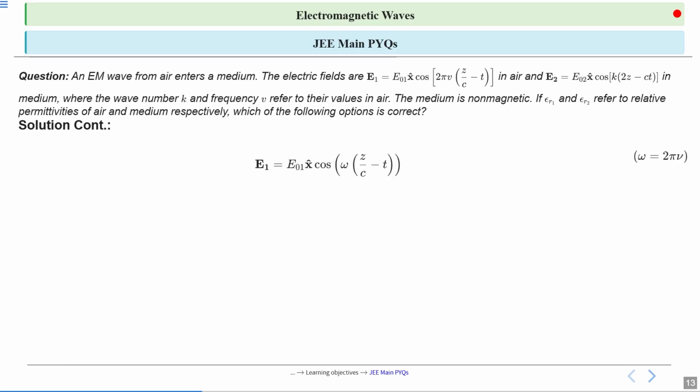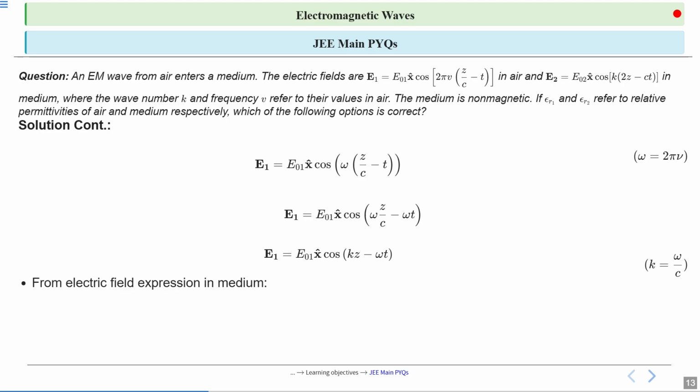Multiplying omega into the bracket, it becomes omega z by c minus omega t. Now omega by k equal to c, so omega by c will be equal to k. So E1 equals E naught 1 x cap cos (kz minus omega t). So it returns to its standard form, which we have discussed in the theory section.